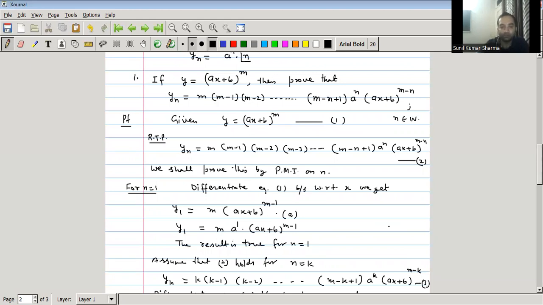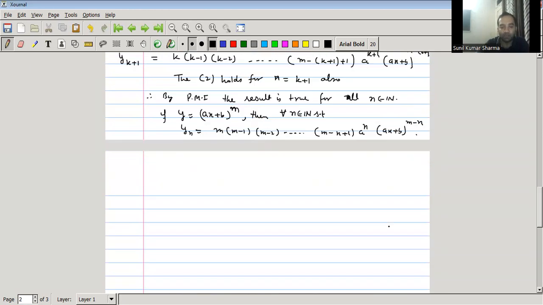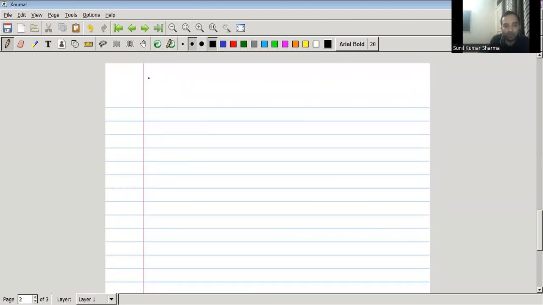So now, as we have already discussed some examples, consider the cases. If m is equal to n, then we can find ym. And ym is nothing but m factorial into a to the power m.